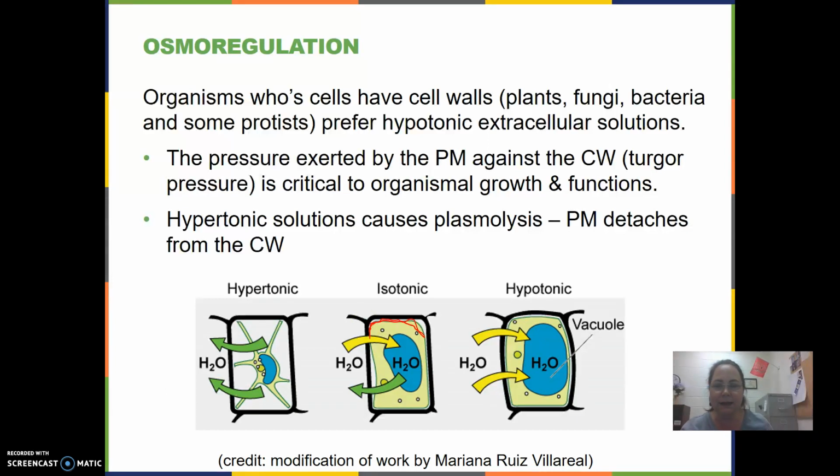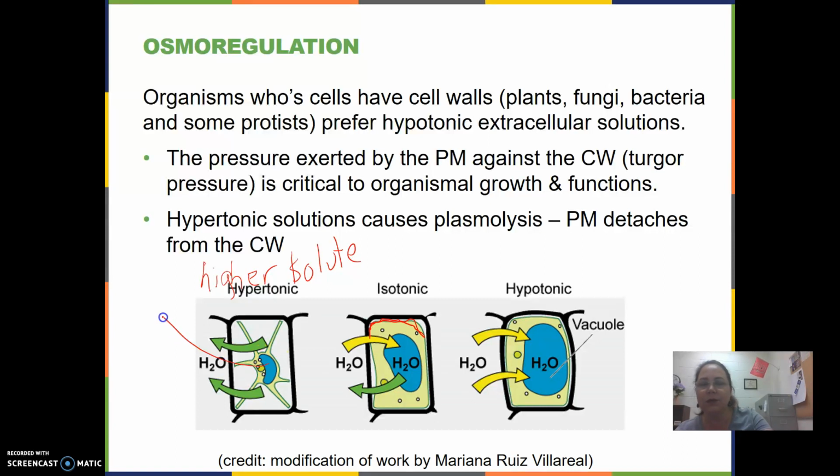In a hypertonic solution, which has a higher concentration of solute, you can think of it as just really salty water, like ocean water, for example. So if you place a plant in salt water or you water it with salt water, then the plasma membrane is going to shrink away from the cell wall because the plant cell is going to lose water.